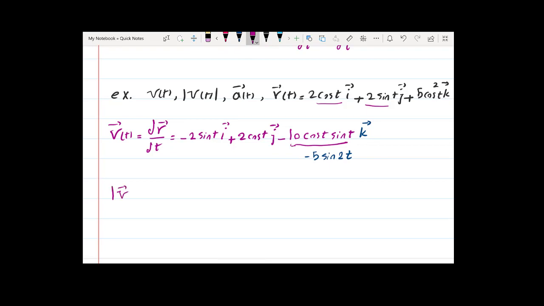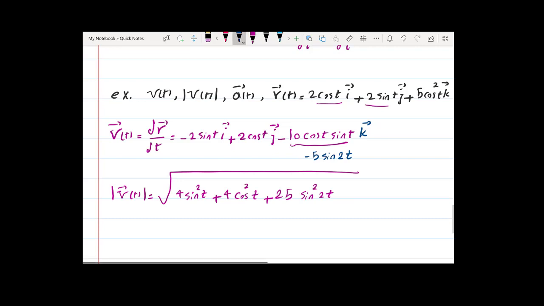The magnitude of the velocity vector is speed. So we have the square root of negative 2 sine of t squared, which is 4 sine squared of t, plus 2 cosine of t squared, which is 4 cosine squared of t, plus negative 5 sine of 2t squared, which is 25 sine squared of 2t.